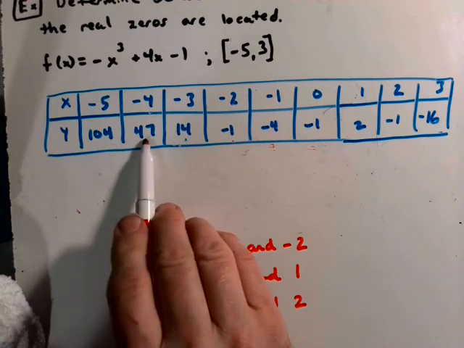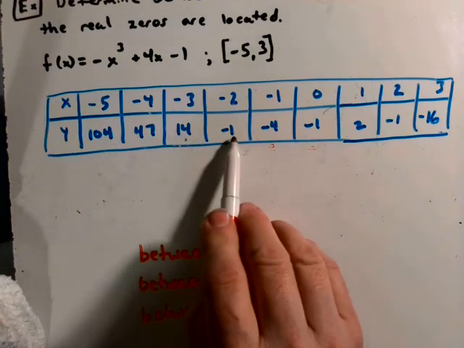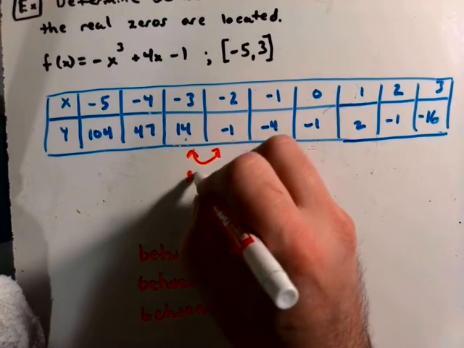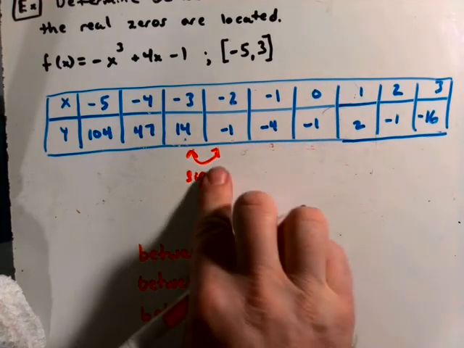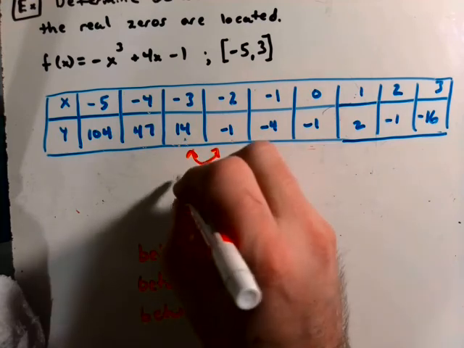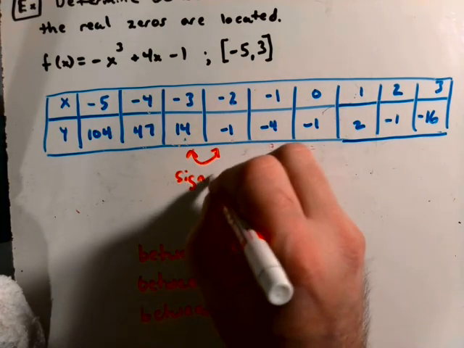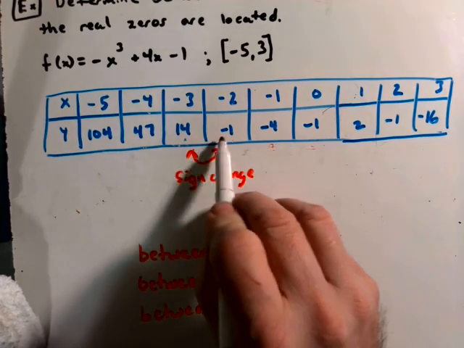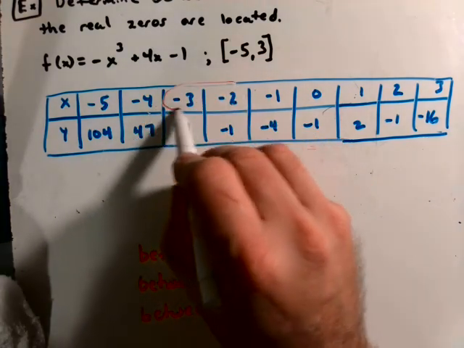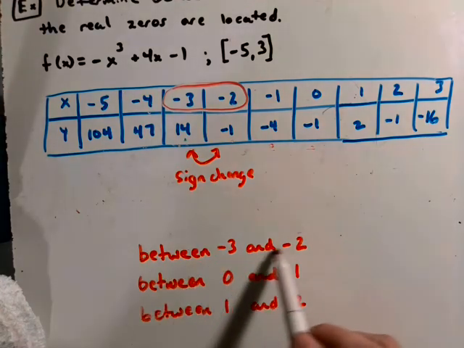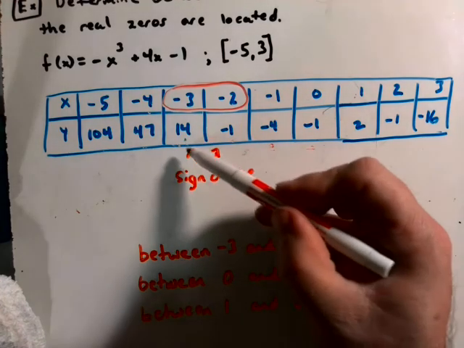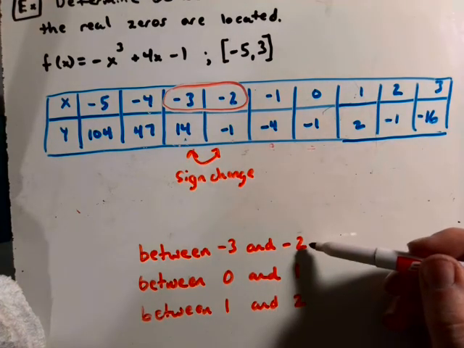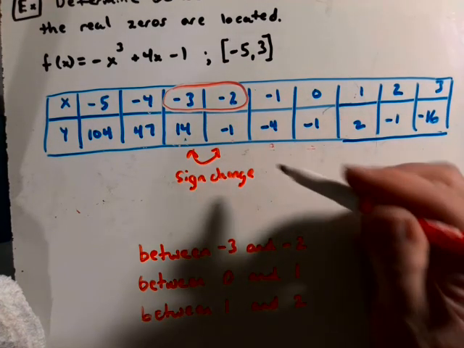Positive, positive, positive, sign change to a negative. So there's a sign change here. So one of our answers is going to be between -3 and -2. So look for a sign change in your y values, and then you can write down between the x values.